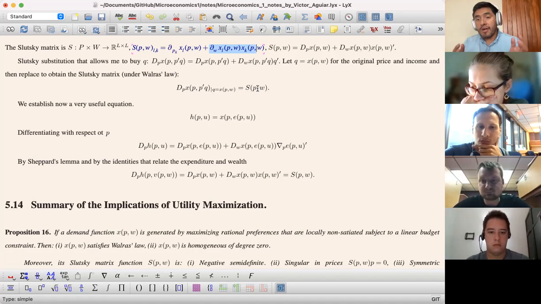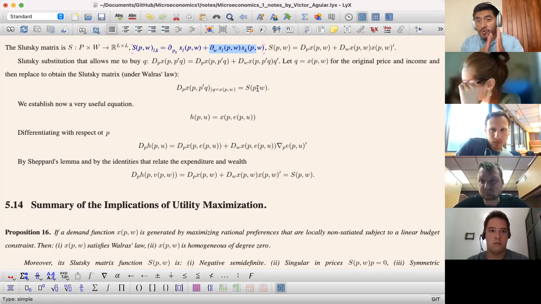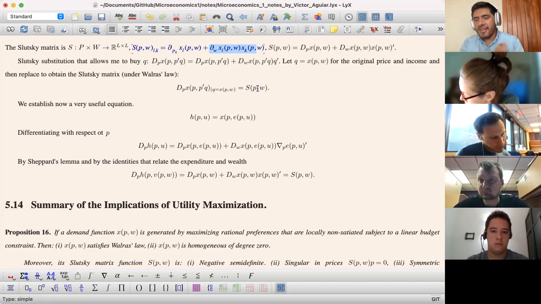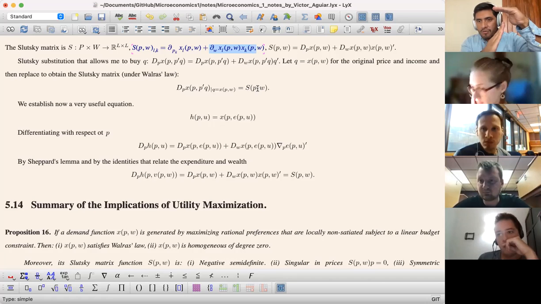When you're observing a Slutsky matrix, you're basically assuming infinite data. Remember, when you observe a derivative, basically what you're saying is that you're observing the changes in a small ball of quantities for any direction of changes of prices.